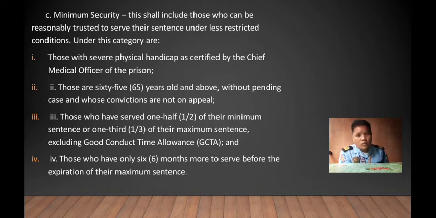The next, those who have served 1/2 of their minimum sentence or 1/3 of their maximum sentence, excluding good conduct time allowance, which means GCTA. And those who have only 6 months more to serve before the expiration of their maximum sentence.